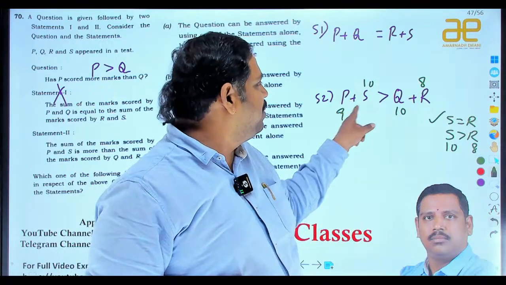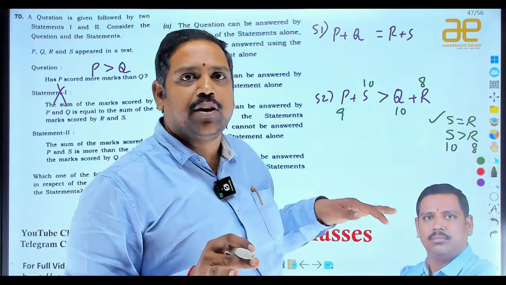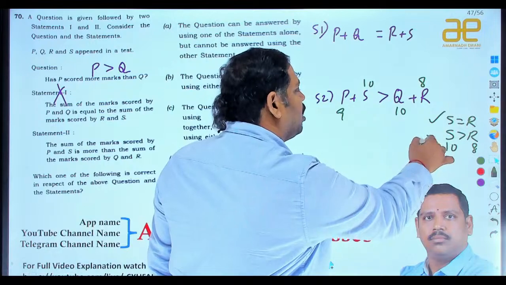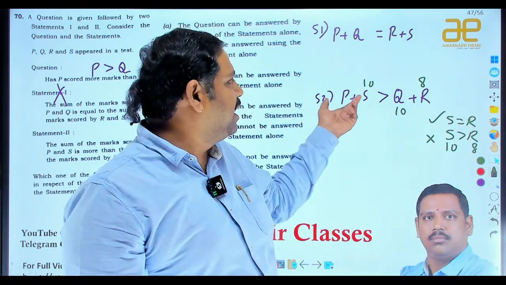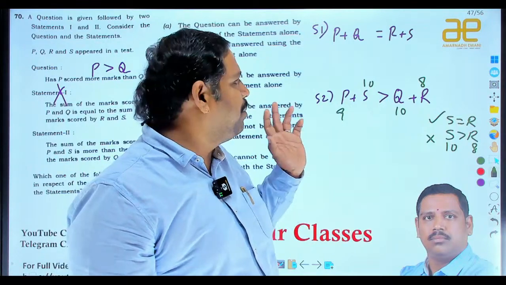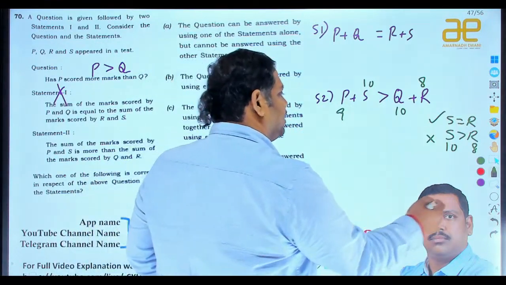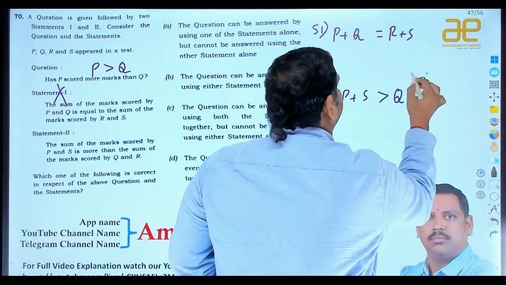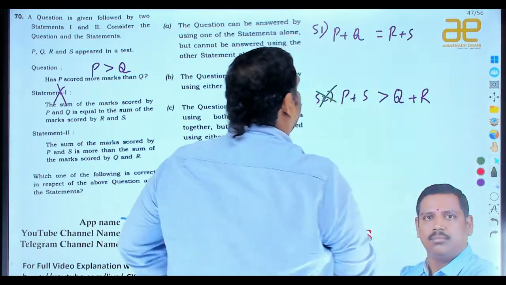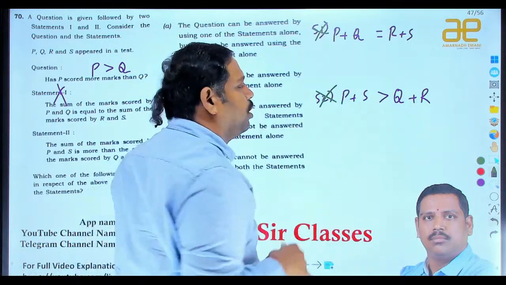But still P is not greater than Q. P is less than Q. Means in this case it fails. Sometimes it is correct, sometimes it fails, for P greater than Q. That's why I am unable to take a decision. That is the reason I can say that from this one I am unable to decide. So the first one is ruled out, the second one is ruled out.